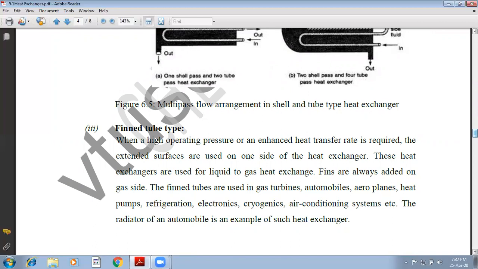You can see fin type of heat exchangers in automobile, air conditioning system, cryogenics, refrigeration system, airplanes, etc.